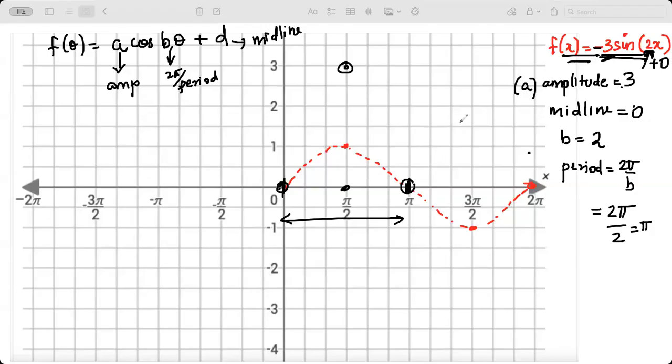However, here there are too many things happening. The period became pi. So within this period itself, you have to see the graph going up and down again. So 3 zeros came here: 1, 2, 3. This should have been a 3 here, like this, right? But it can't go like that because of the negative sign. What happened due to the negative sign?